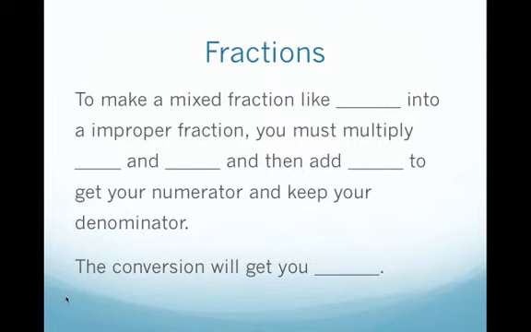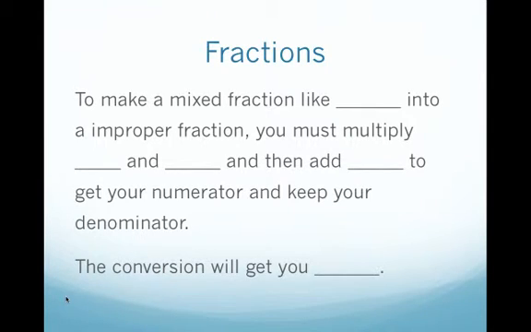Sentence frame number 3. To make a mixed fraction like blank into an improper fraction, you must multiply blank and blank, and then add blank to get your numerator and keep your denominator. The conversion will get you blank. In the first blank, you're going to put a mixed fraction.